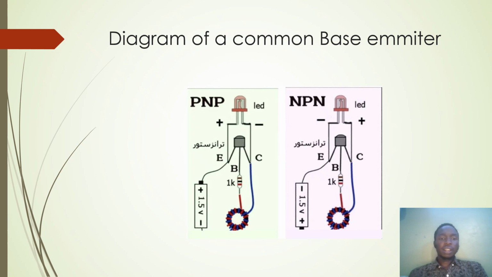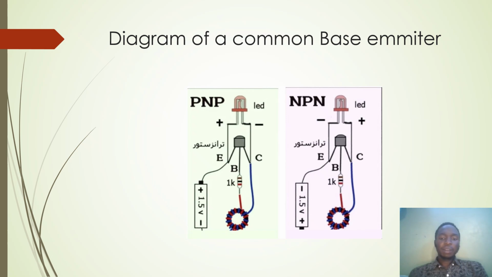Here is a diagram of a common base connection with the PNP and the NPN. As you can see, the PNP is connected at the base, the emitter, and the collector. So E is the emitter, B is the base, and C is the collector. You see there we have the base connected to a resistor.